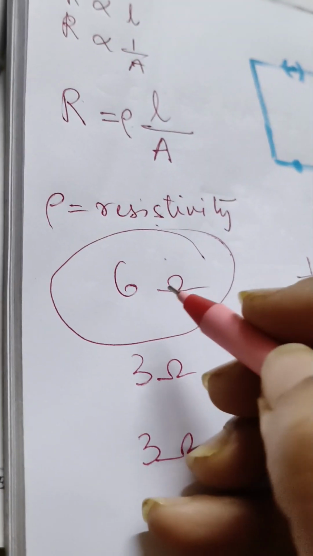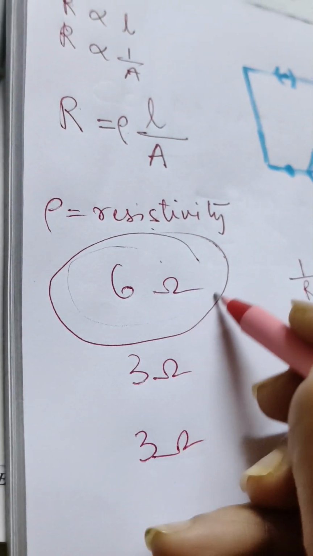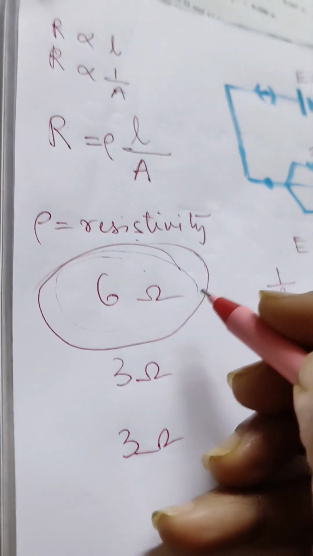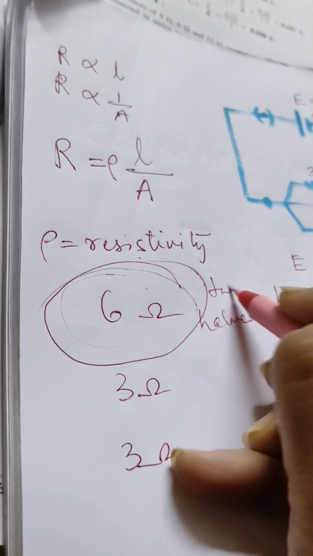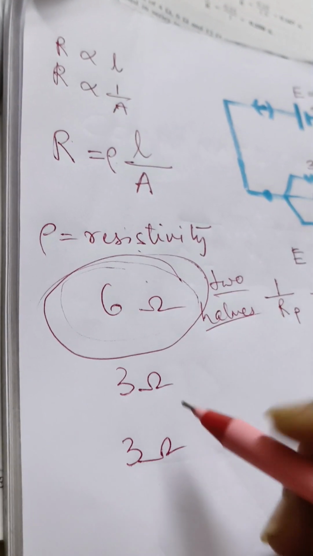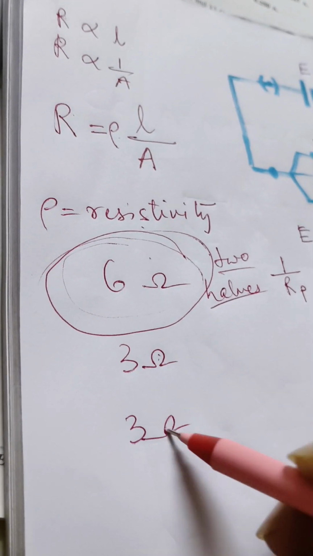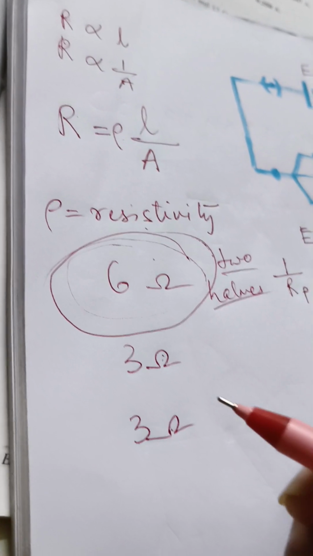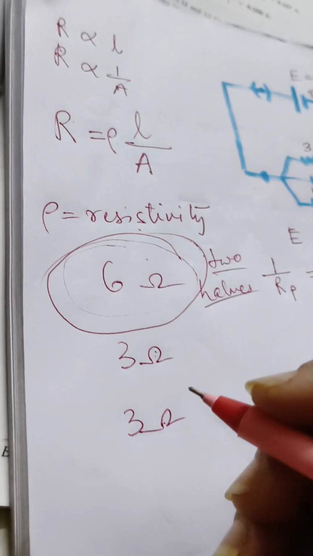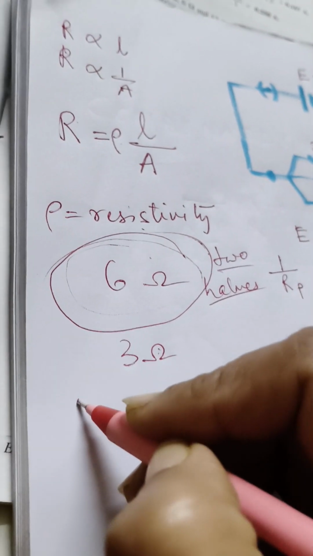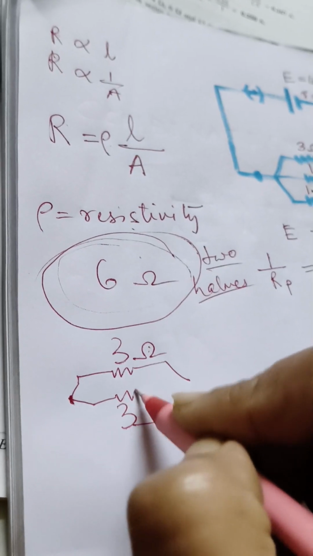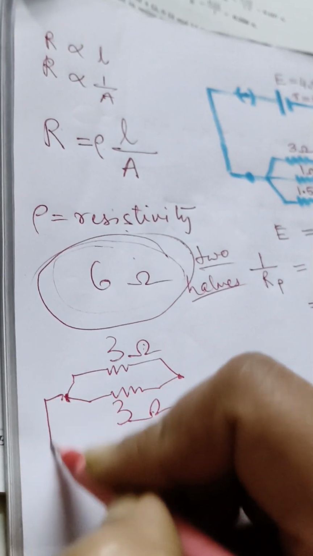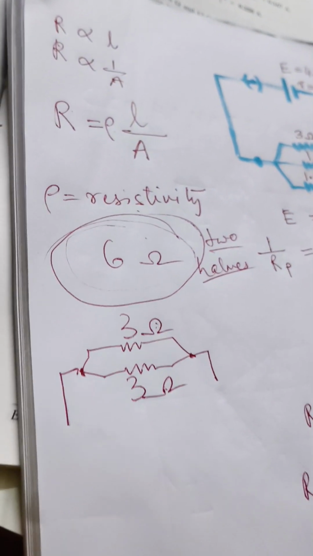That is, when you cut a 6 ohm resistance wire into 2 halves, okay? Into 2 halves. So each half becomes 3 ohm, 3 ohm. Now you are asked that now if they are connected in parallel, then the story becomes like this. So you are having one 3 ohm here, and then you are having another 3 ohm here. So this is the combination that it becomes.